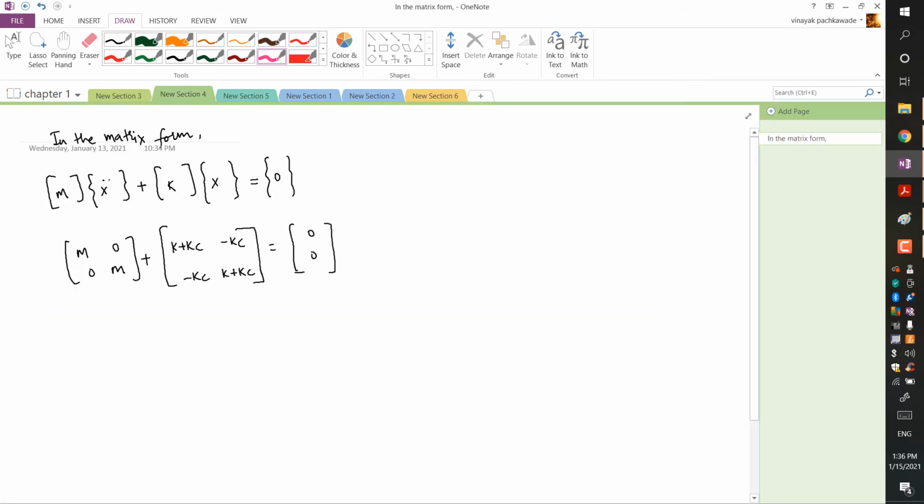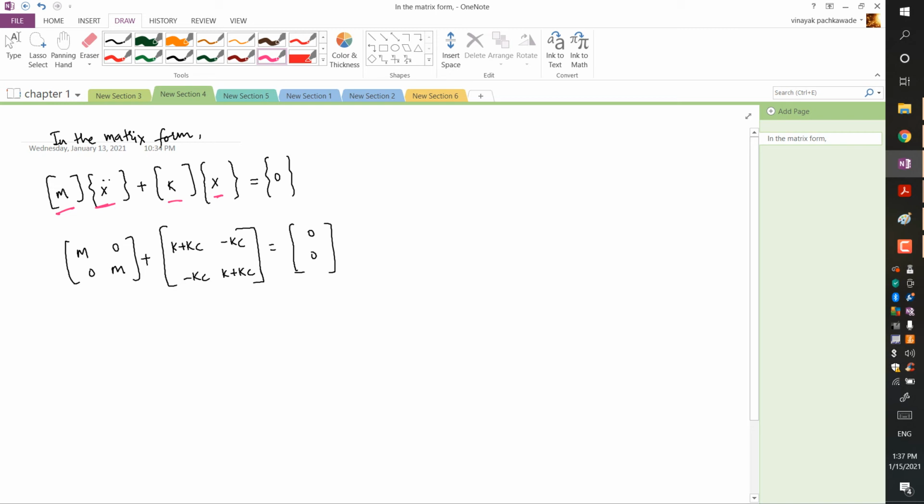In the matrix form, we write the matrix of mass and multiply it with the acceleration x double dot, plus k, the stiffness matrix, multiplied by the movement, equals 0.